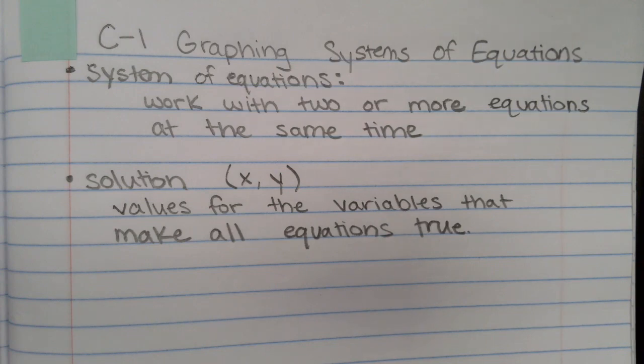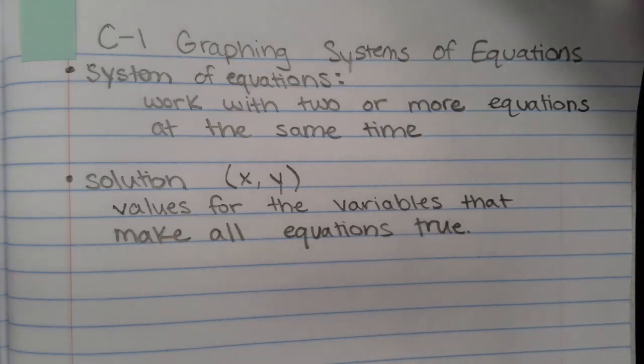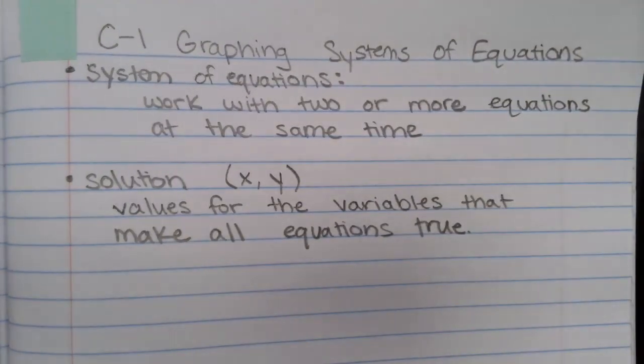Good. And true means what? What makes an equation true? One side makes a number, and the other side makes a number. And what do we know about both those numbers? They're the same. Good, because it's equal.